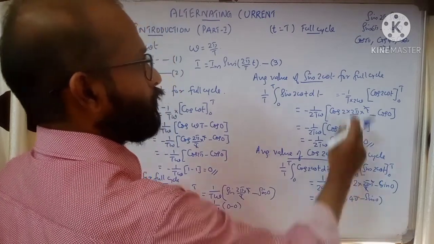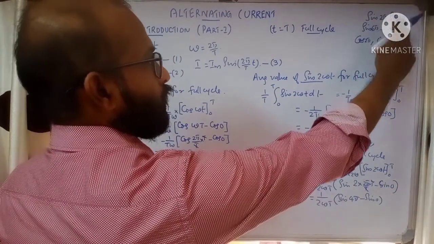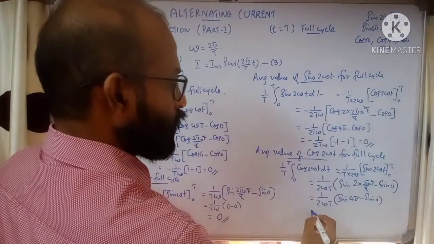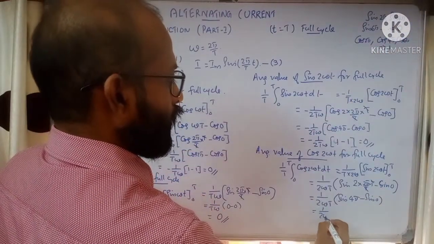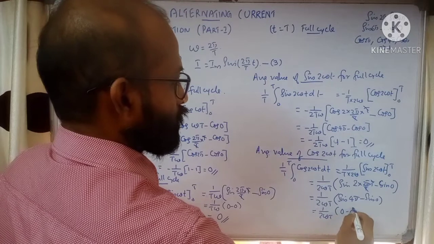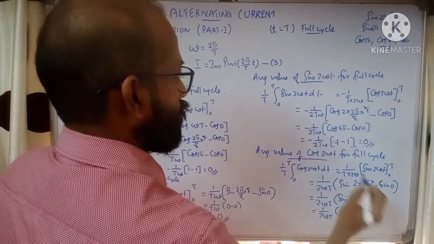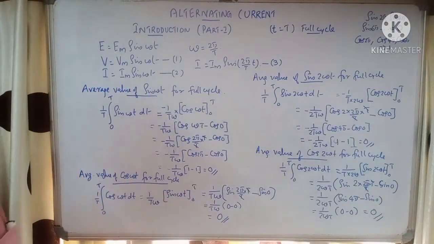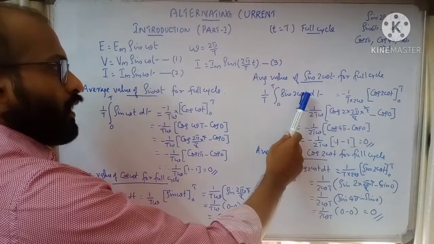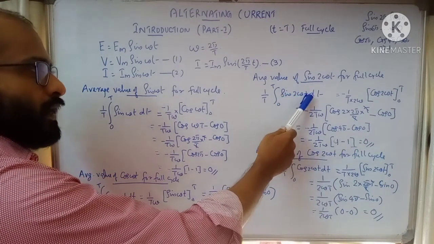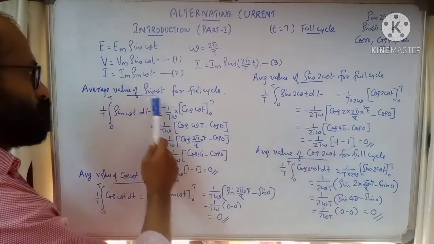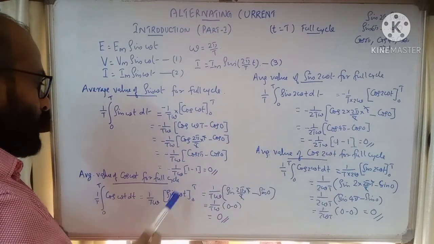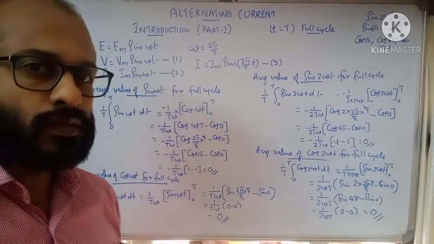We know that sine 4 pi is 0, and sine 0 is already 0. So 1 by 2 omega T into 0 minus 0 gives a final answer of 0. Okay, so which values have we got as 0? The average values of sine 2 omega t, cos 2 omega t, sine omega t and cos omega t. All have the value 0.